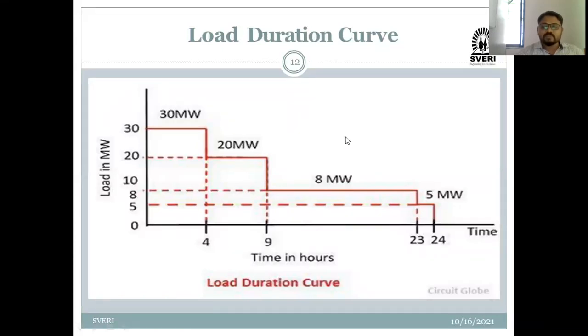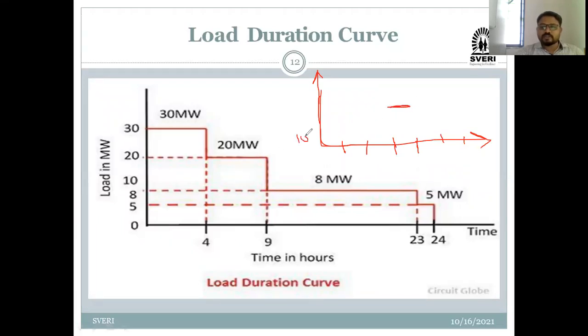See, if we have a load curve like this, I will just draw it so that you can understand the difference. If this is my load curve, on the x-axis we have taken the time, and on the y-axis the load. Let me divide it into different intervals.